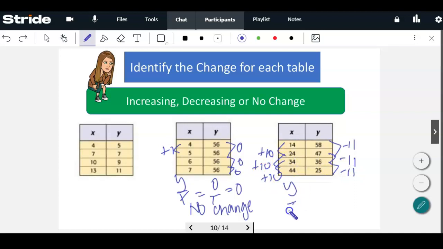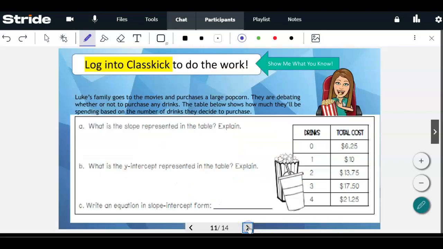So change in y over change in x, negative 11 over 10. Pause the video and try that first one on your own. All right, so this will be in class Kik, and you can send me a screenshot and earn extra points. So I'm not going to go through this one, but we'll go ahead and do this last one.